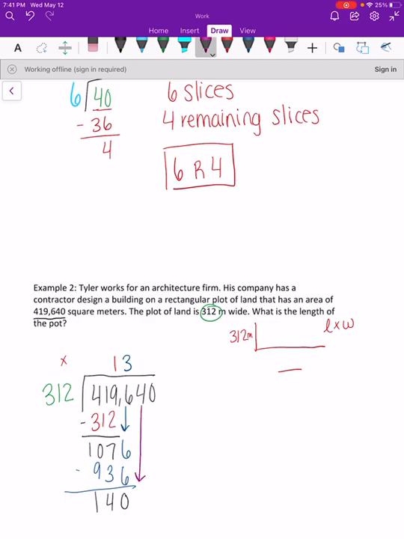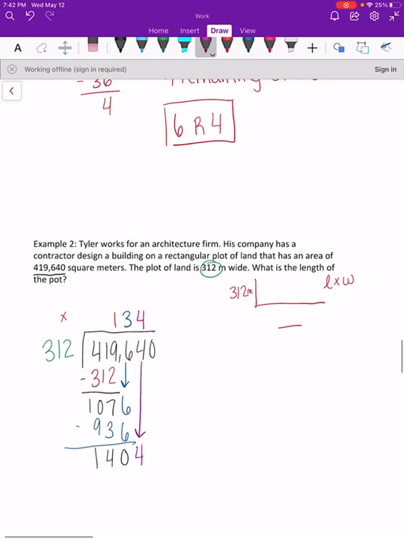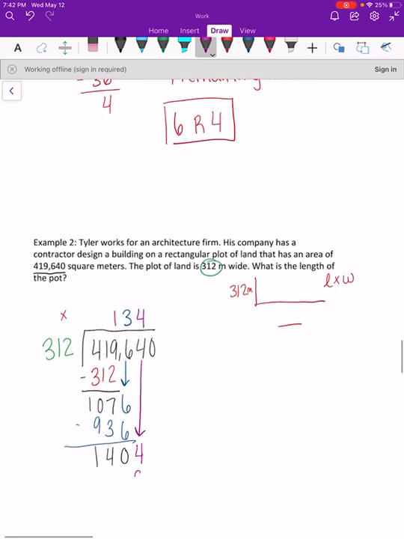So now I have 1,404. How many times does 312 go into 1,404? Well, I know 3 times 312 was 936, and about 300 times 4 would be 1,200. So let's try 4. So 4 times 312: 4 times 2 is 8, 4 times 1 is 4, and 4 times 3 is 12.